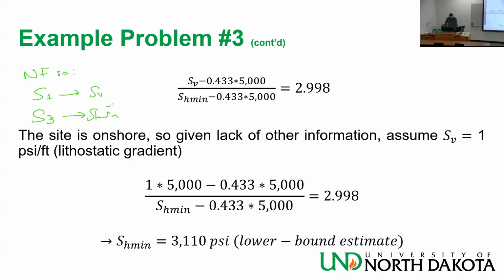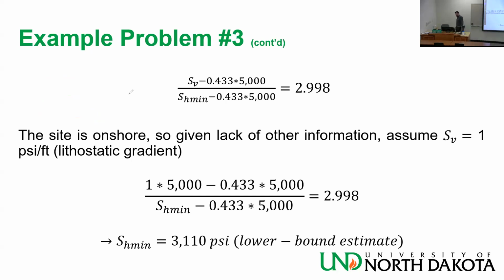That's how I got it. But now this value of SHmin, is it an upper bound or a lower bound? And here I say it's a lower bound. I need to ask you, why is it a lower bound? This is important. It's important for the exam.